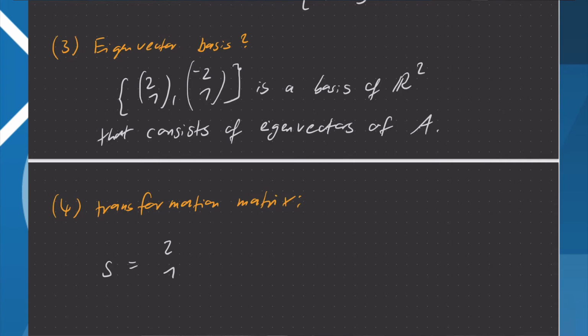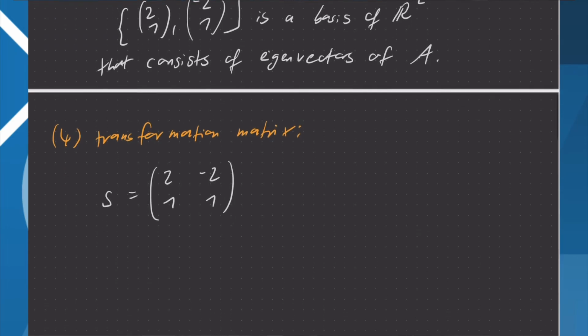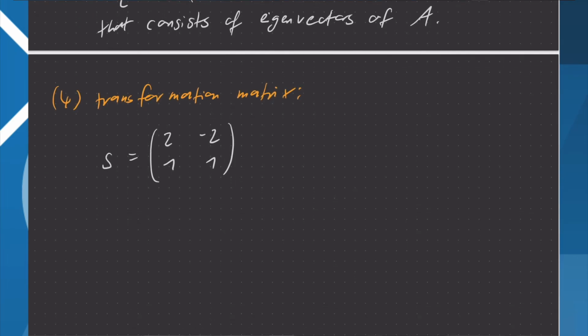So we have 2, 1 here, -2, 1. That is our transformation matrix S. And if we do that, then S to the -1 AS will be the matrix 2, 0, 0, 3.